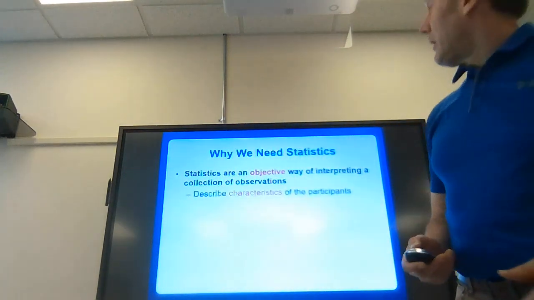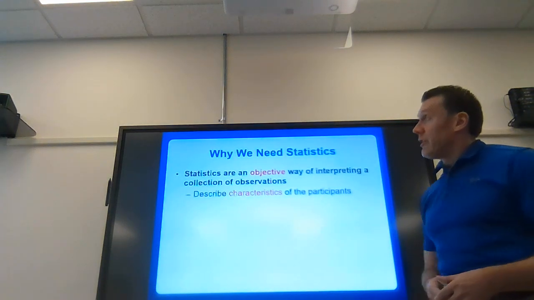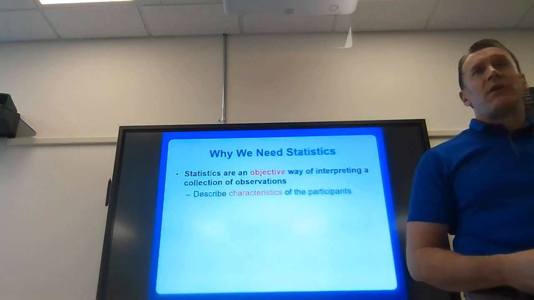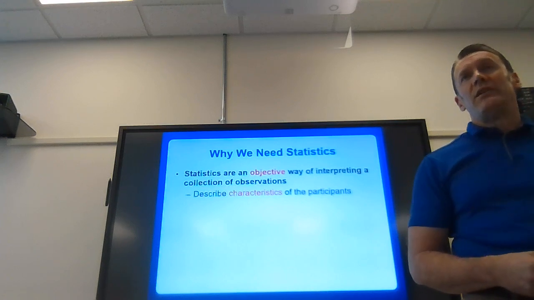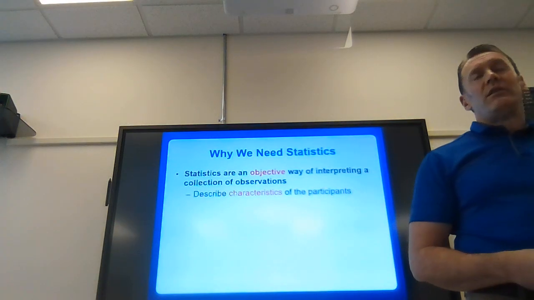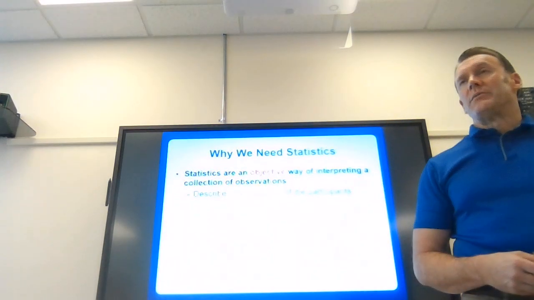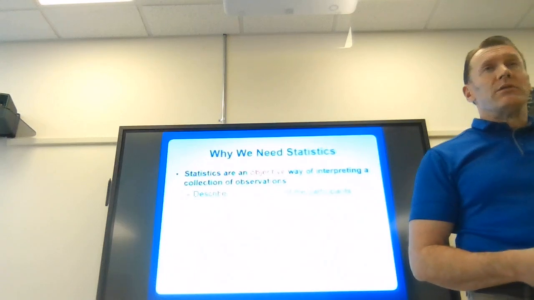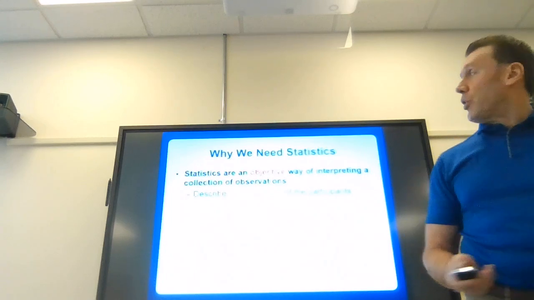So we want to describe the characteristics of the participants. Are your participants trained? Are they untrained? Male, female? What is their age, height, body mass? Sometimes in strength studies, it's relative strength more than absolute strength that is important.